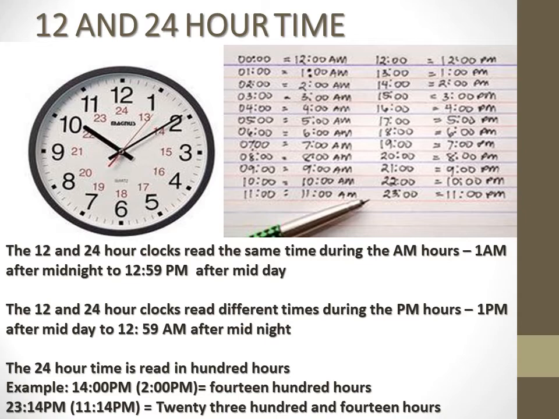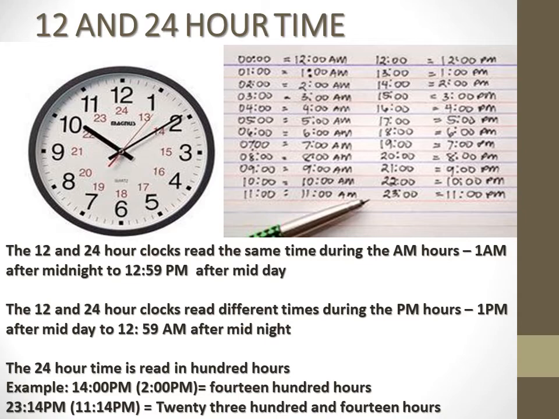But once it is 1 in the afternoon, then the 24-hour time changes to 13:00 and it counts that way, 14, 15, 16, as you can see on the face of the clock, up until 12 in the midnight. Okay, it will still read 00 hour in the 12 midnight time.